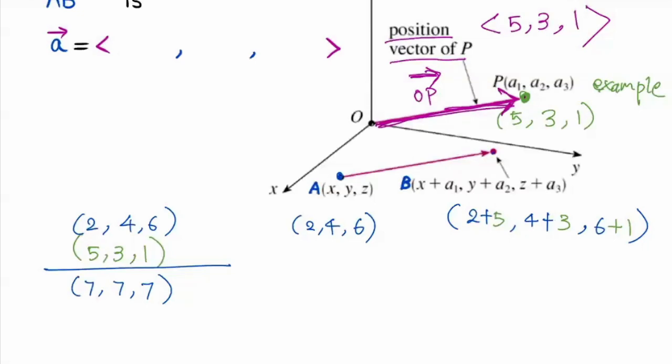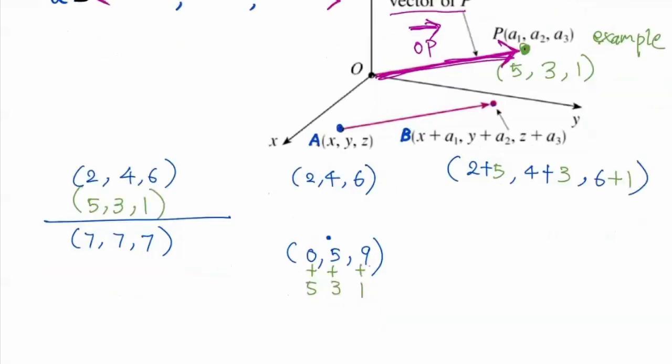So for example, if you start from a different point, suppose you start from 0, 5, 9, how do you get the equivalent vector? You just add 5 to this, add 3 to this, add 1 to this. Then you get the ending point, 5, 8, 10.